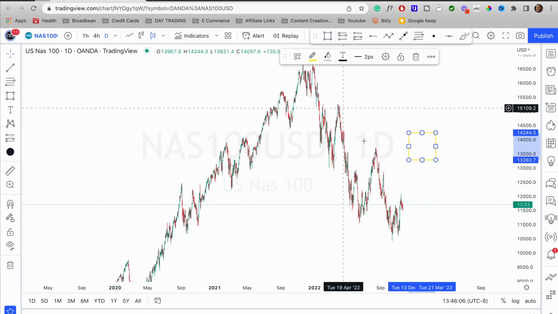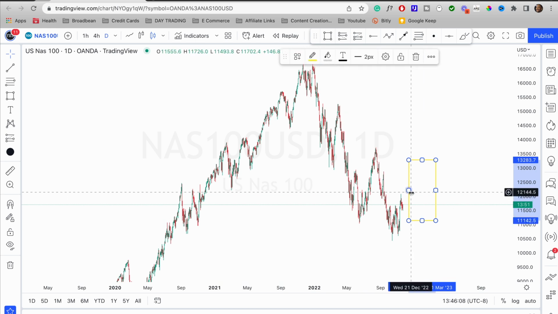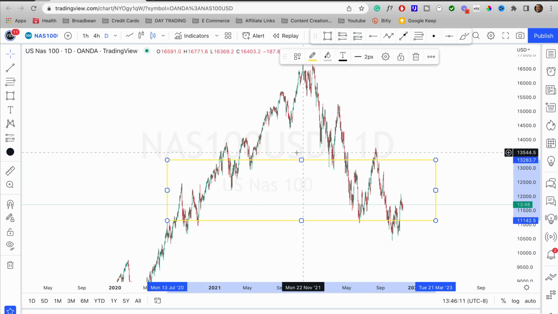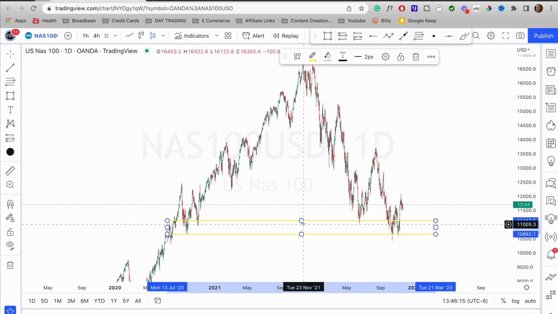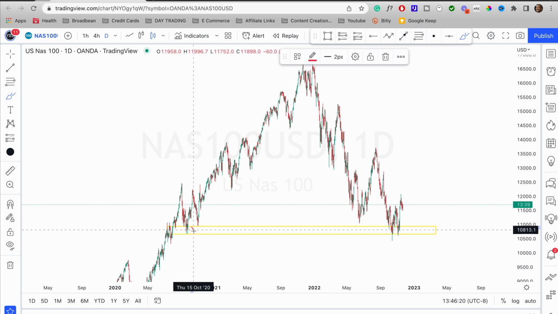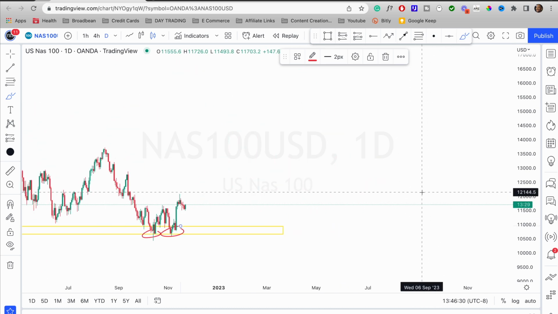Every time price hits a specific area and bounces, that is going to be a support area. This is 1 bounce, this is 2 bounces, and this is 3 bounces.